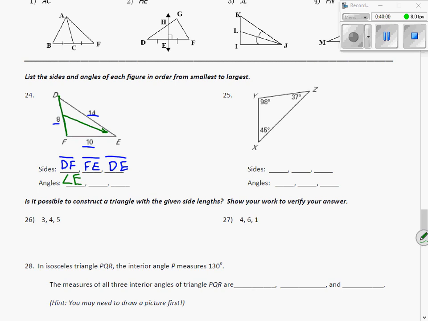And if DE is the longest side, then angle F is the largest angle, which leaves me angle D in the middle.